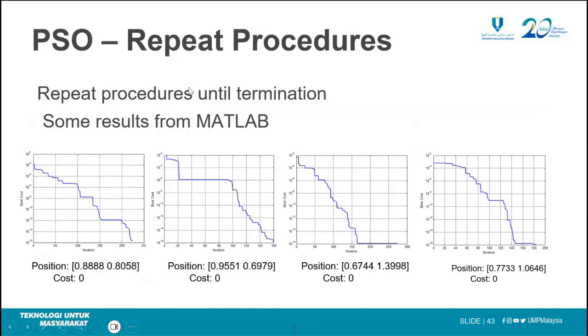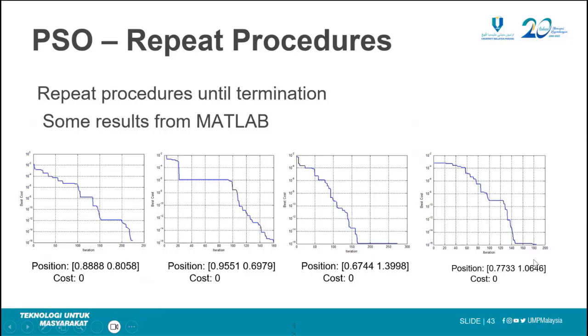When we optimize the problem, this is some of the results that we obtain for position and cost: 0.8, 0.8, so the cost is 0; 0.9, 0.9, 0.69, also the cost is 0; 0.6, 1.3, cost is also 0.